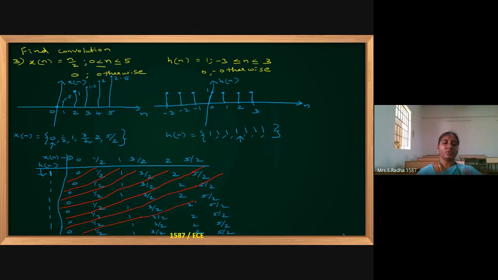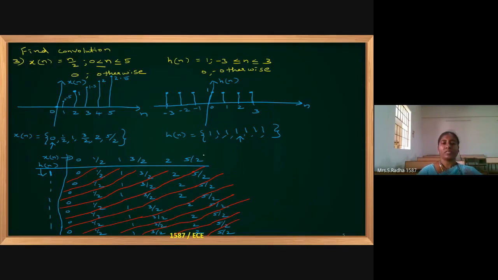We'll finish this. 3 by 2, 2, 5 by 2. Here one element, so these are the cross lines. Now I will go with the final answer.